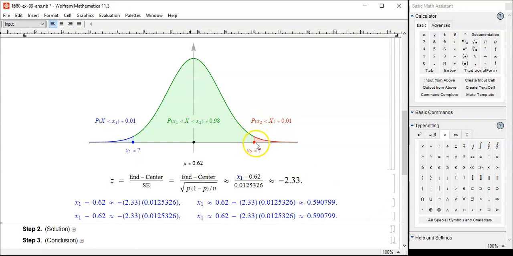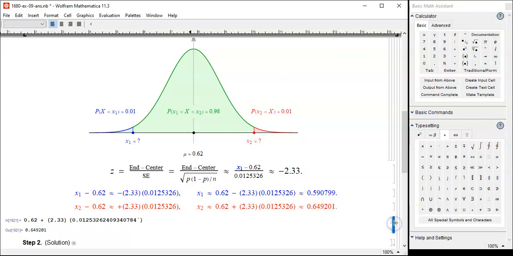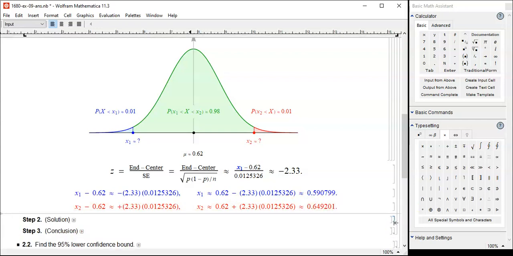And then I need the right-hand side. How do I get that? Let's change this to x2, and this is now plus, because by symmetry I have to go to the right. And as for this computation, again I'm going to use Mathematica. 0.6492 approximately speaking, which means 64.92% according to all that.